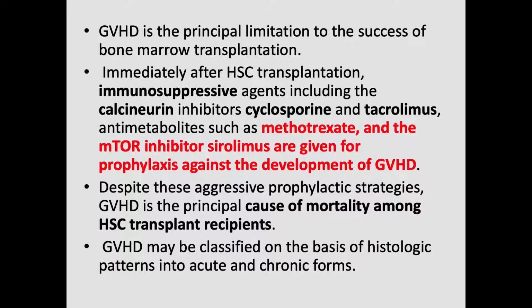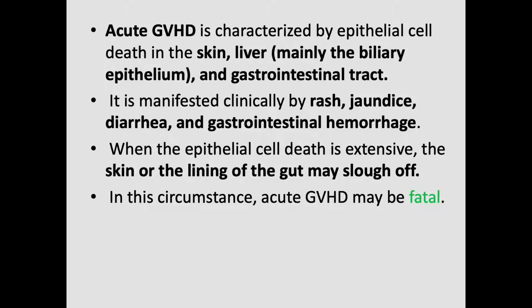Excuse me. If we suspect this kind of disorder, we need to use immunosuppressants, of course. Let's briefly discuss, in several slides, the two types of graft versus host disease. One is acute, which may develop within hours or within several days, and one is chronic.